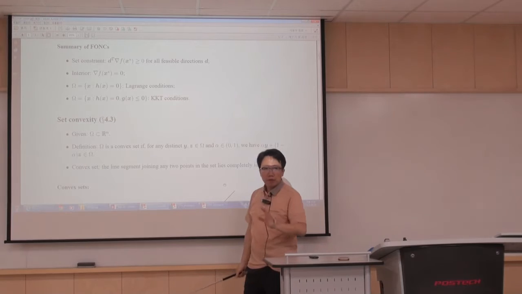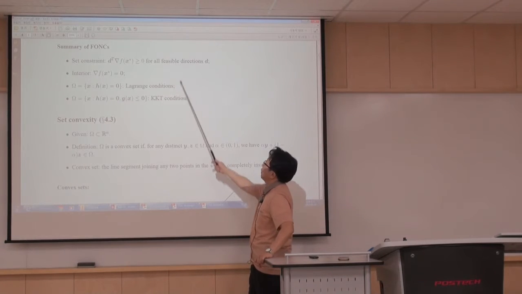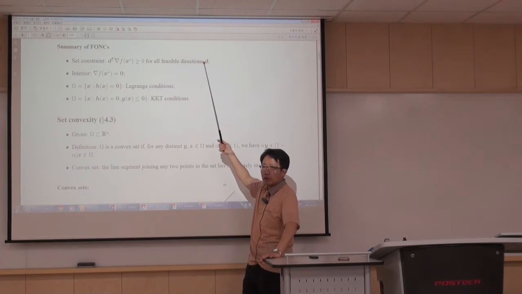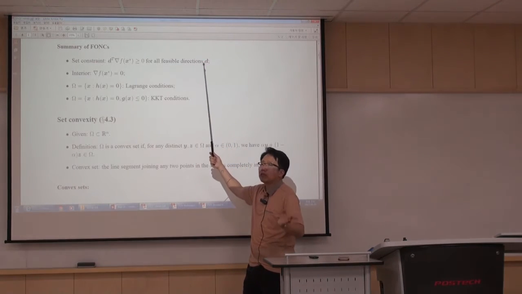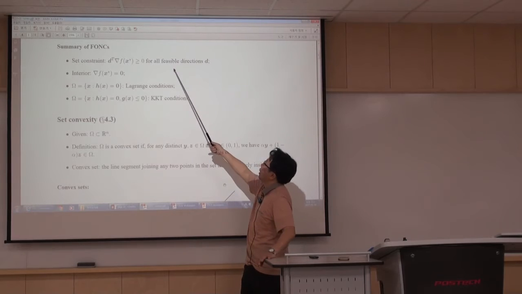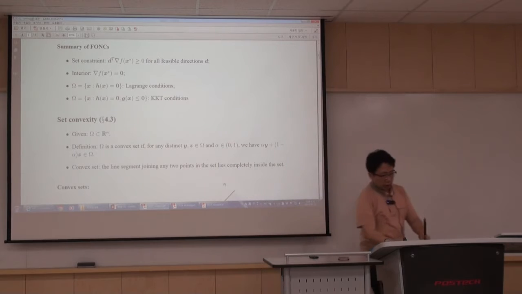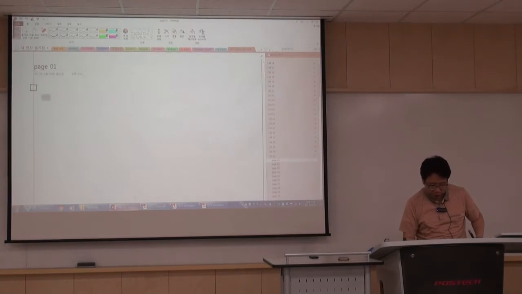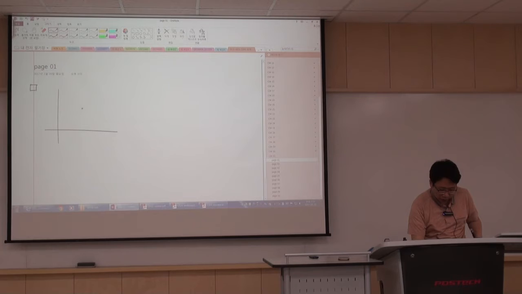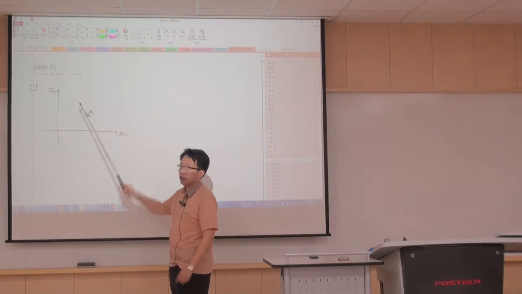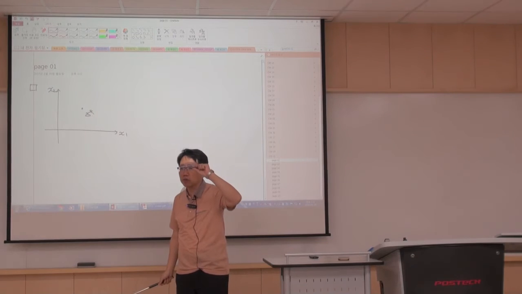Now, some of you still remember, I believe, that I gave you an explanation of why this is not a sufficient condition. If you think simply, naively, then it seems this is a necessary and sufficient condition. Suppose you are here, and you look at every possible direction with infinitesimally small displacement.